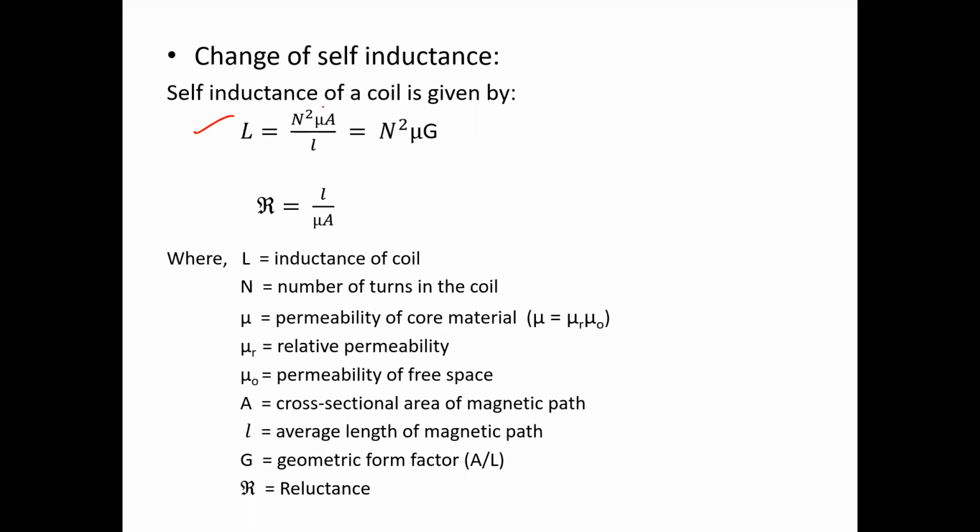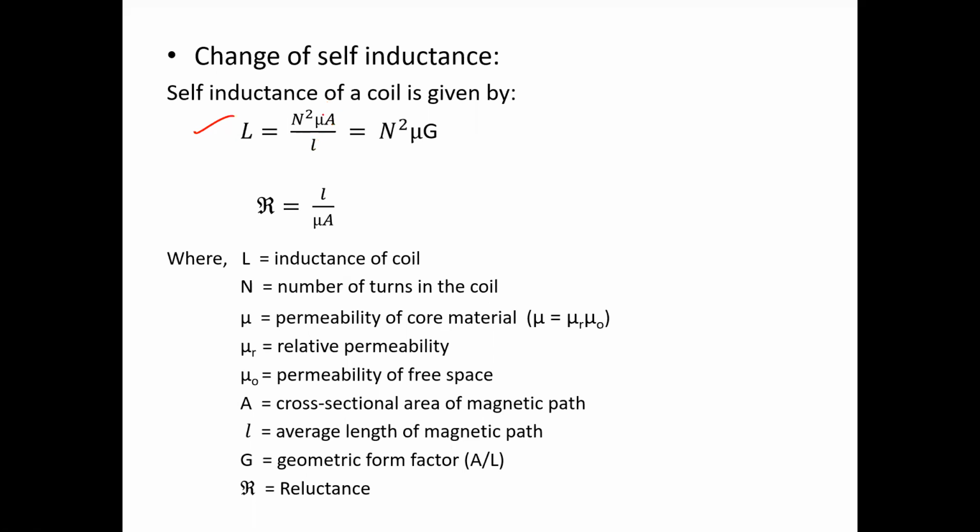Mu represents the permeability of the magnetic path, A is the cross-sectional area of the magnetic path, and l indicates the average length of the magnetic path. So with respect to this expression, it can be suggested that the self-inductance L is actually a function of all these four quantities.